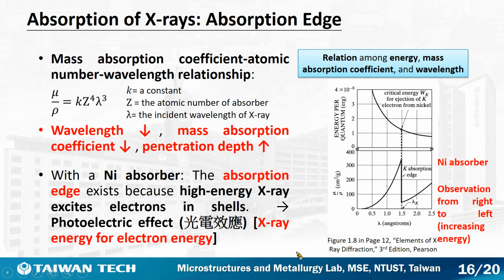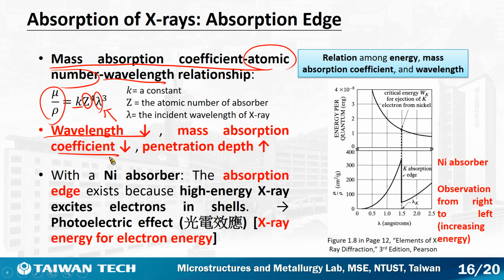And then we have an equation for these three: mass absorption coefficient, atomic number, and wavelength, and K is a constant here. So we can see that if we have a decreasing wavelength, we get a decreasing mass absorption coefficient.